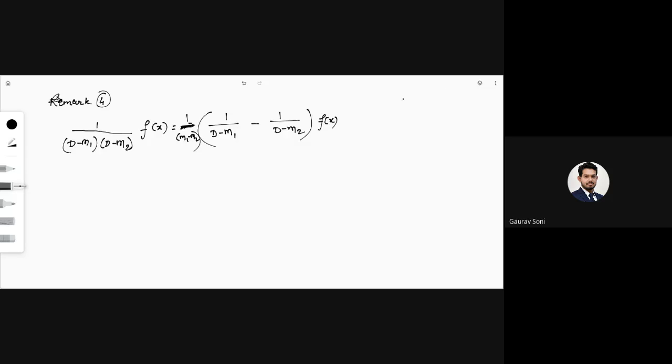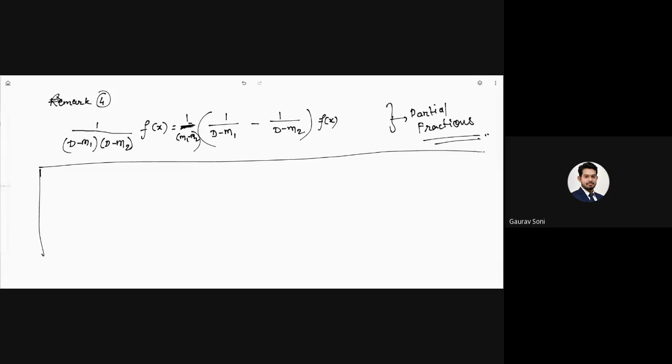This method, while solving integration, was called partial fractions. So either you can do two integrations like in remark number 3, or we can separate 1 upon (D minus m1)(D minus m2) using partial fractions. I will just explain, as many of you don't know how to do partial fractions. This is just the explanation, nothing remark in it.